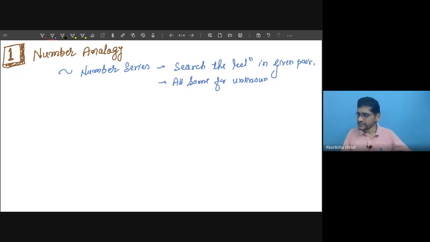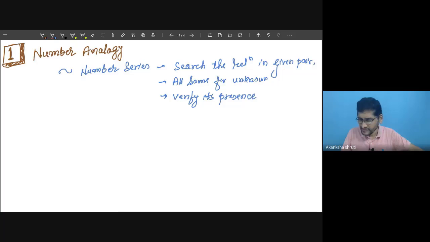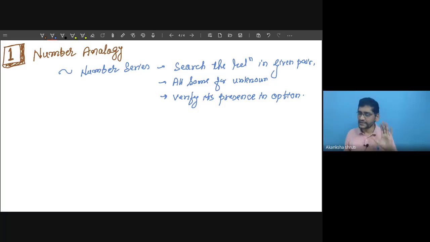But the important thing is that you have to verify whether it is present in the answer or not. So verify its presence in the option. If in option it is not given, then you may think for the other relation. Okay, the question need not be always wrong. So only this much is the tool.